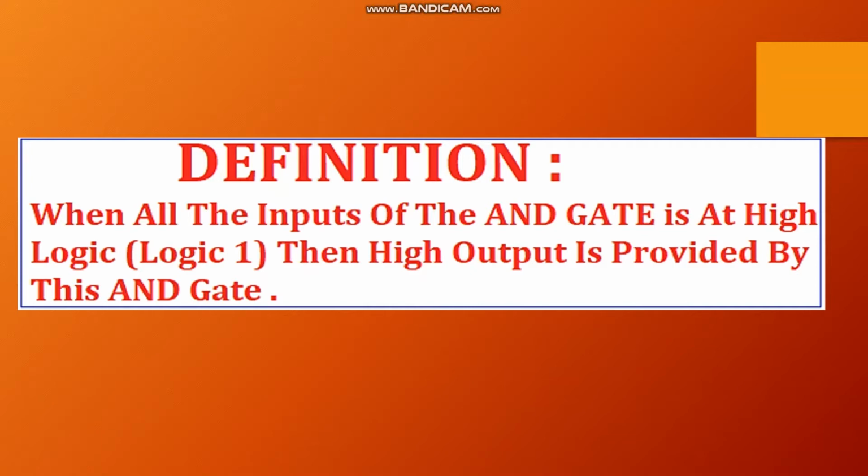That means it will give logic 0 as the output if any one of its inputs goes low. I repeat, AND gate will always give a high output when all its input terminals are at logic 1. If any one of the input terminals goes low, that is logic 0, the output also becomes 0.